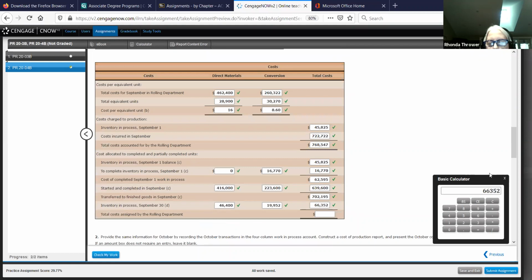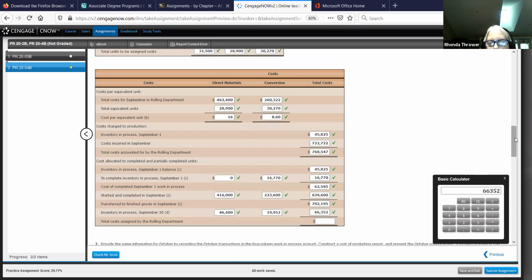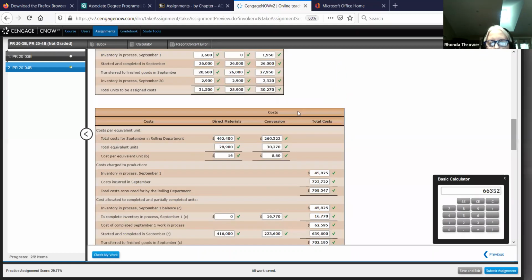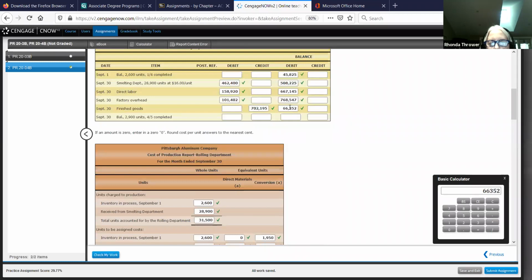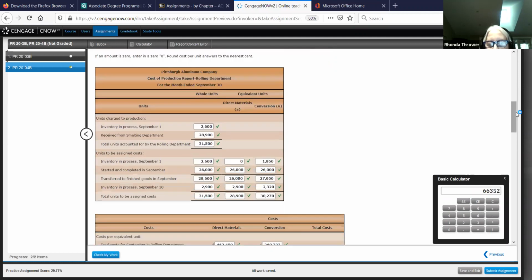Notice this amount is equal to this amount up here. This was your ending inventory for the work in process.